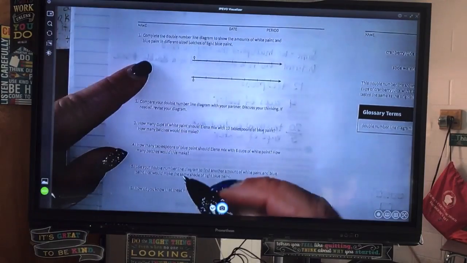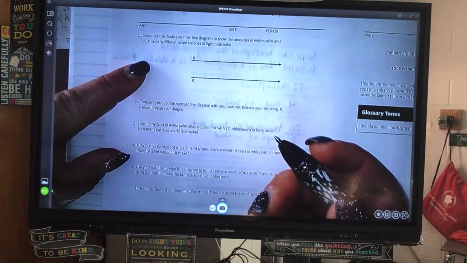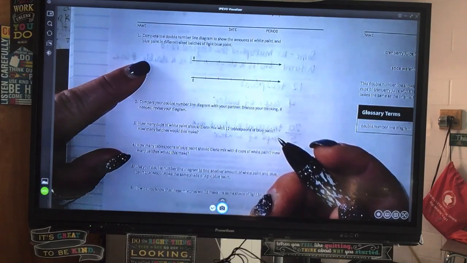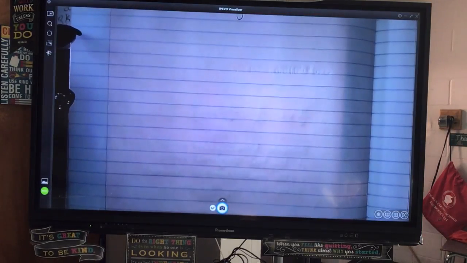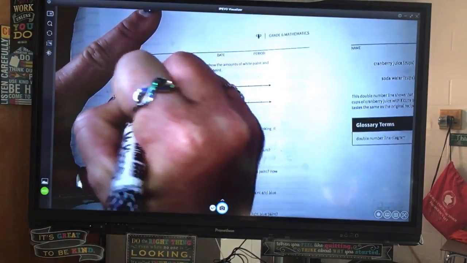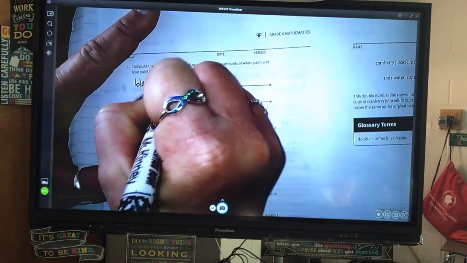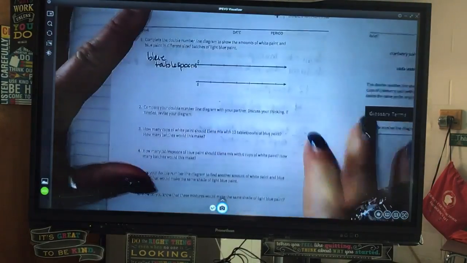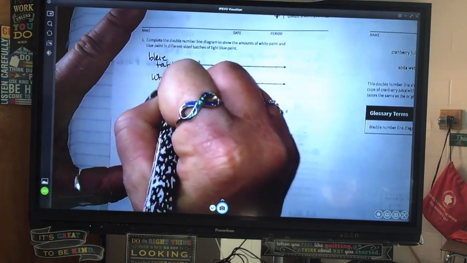So the top one, what do we want the top to represent? Mila? White or blue? Blue? Alright, so blue tablespoons. Alright, and then obviously this is going to be the white cups.